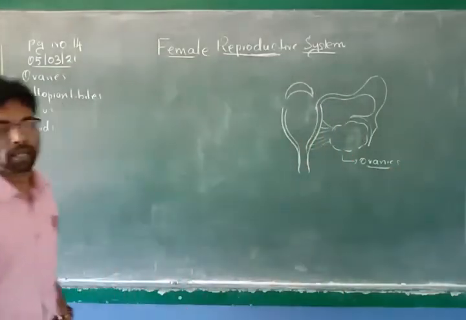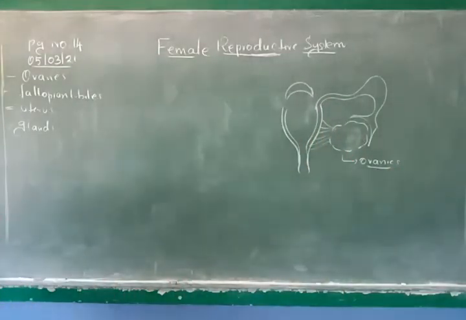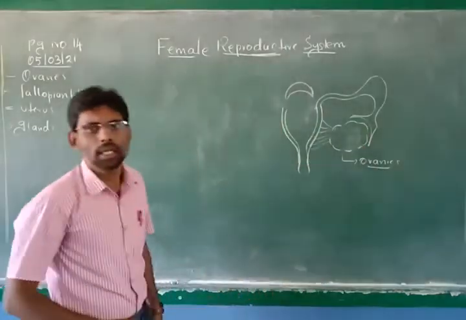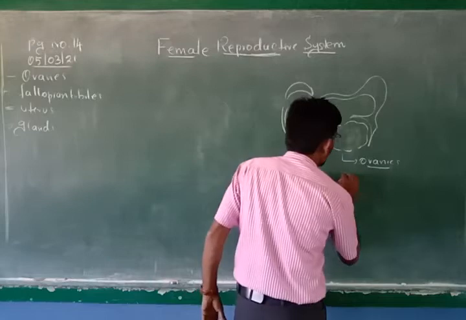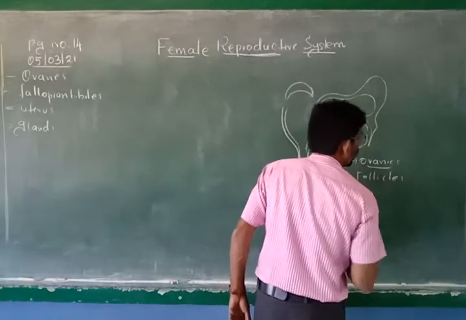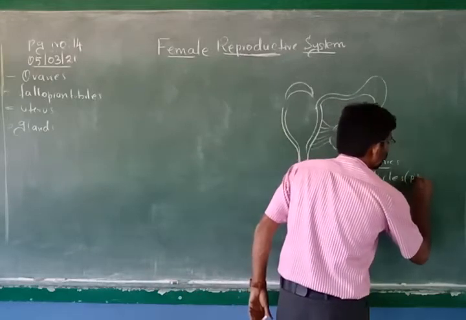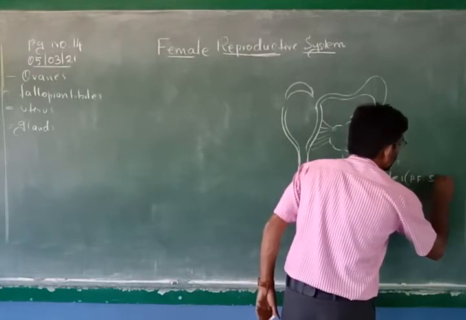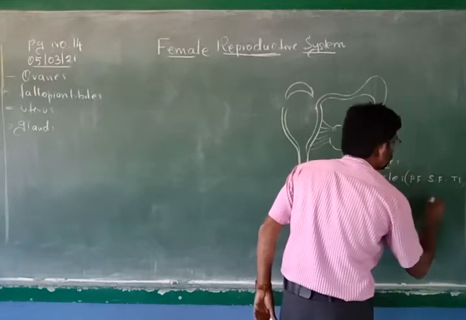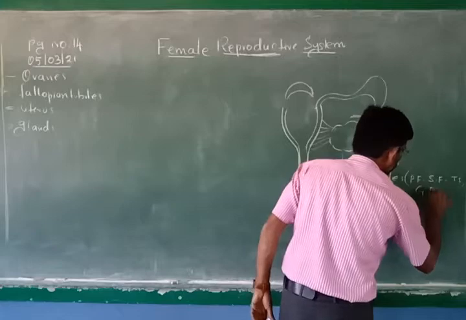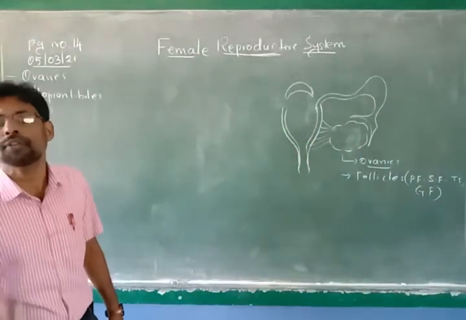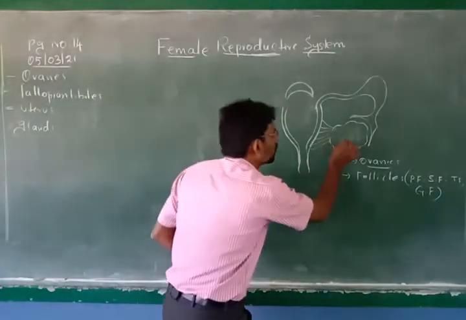Ovaries. Okay, right. Especially when you talk about the ovary, we already studied what is happening inside it. Inside the ovary we have two things. One is the development of the follicles. That means the primary follicle gets converted into secondary follicles, then tertiary follicles. The tertiary follicle then converts into a matured Graafian follicle.